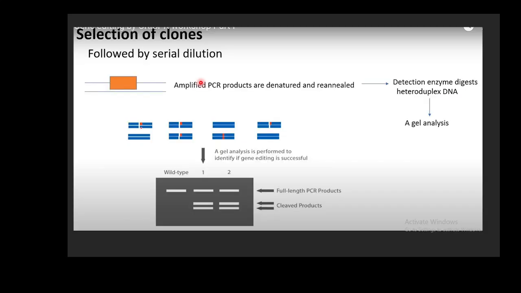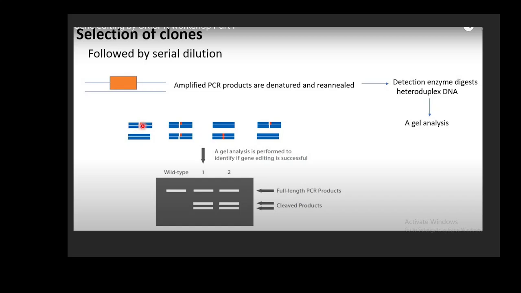What does this enzyme do? Whenever you have done the modification, you isolate the product, amplify that product, denature and reanneal. Then you use the T7 endonuclease enzyme. The characteristic feature of this enzyme is that it can cleave only the heteroduplex DNA, meaning one strand is modified and the other is not.